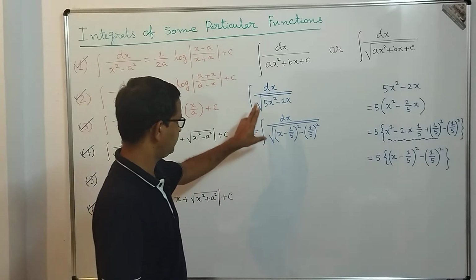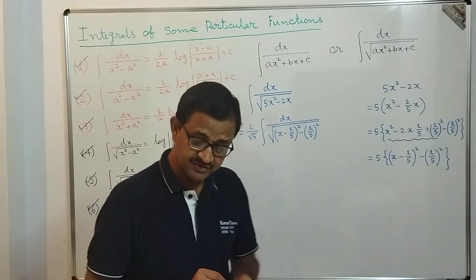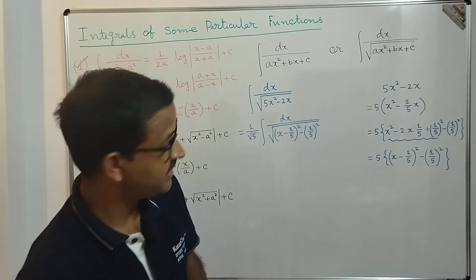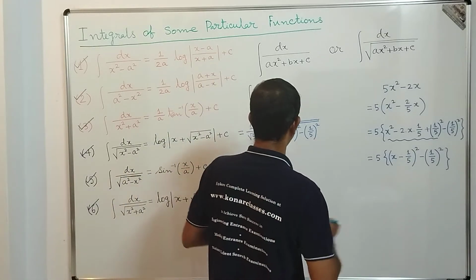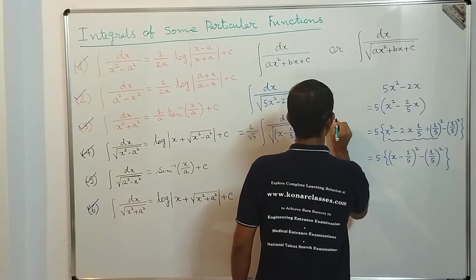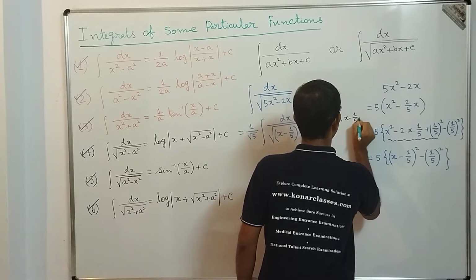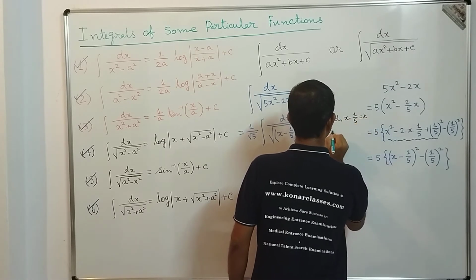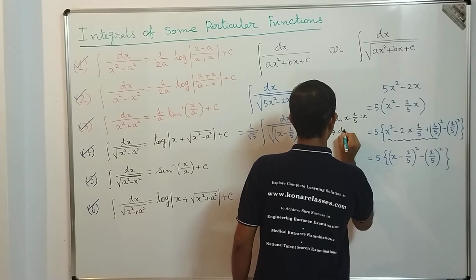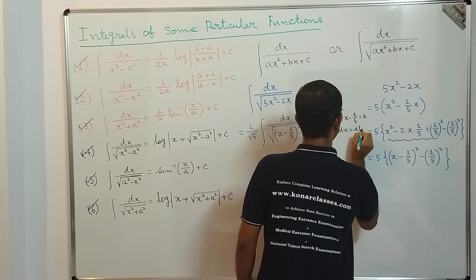Correct? Now what you need to do is make a substitution: let x minus 1 by 5 equal t. So this implies, dear students, that dx is equal to dt.